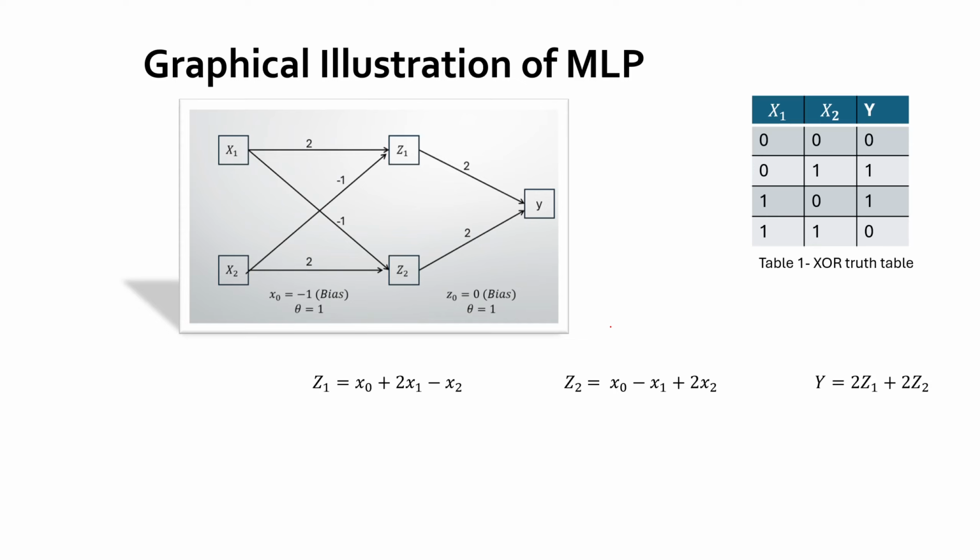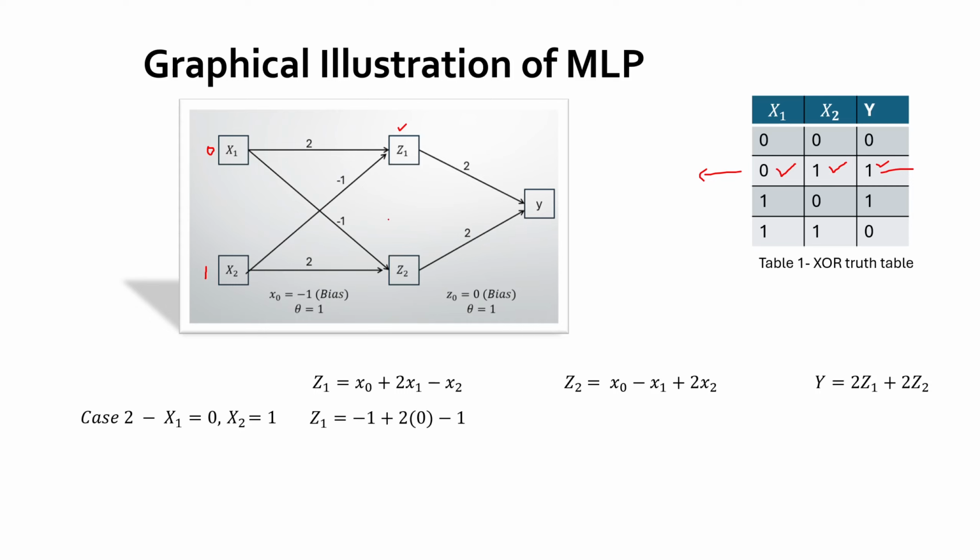Now let's see the second case, where x1 has a value of 0 and x2 has a value of 1, and we expect our output value to be 1. So first of all, the weighted summation will be calculated at the node z1.